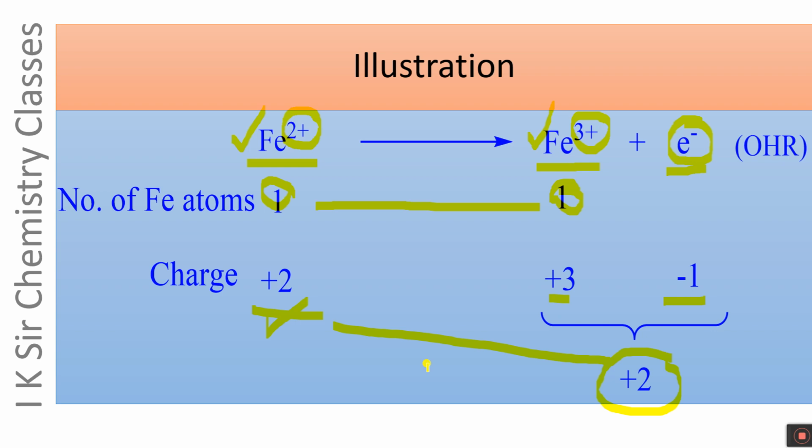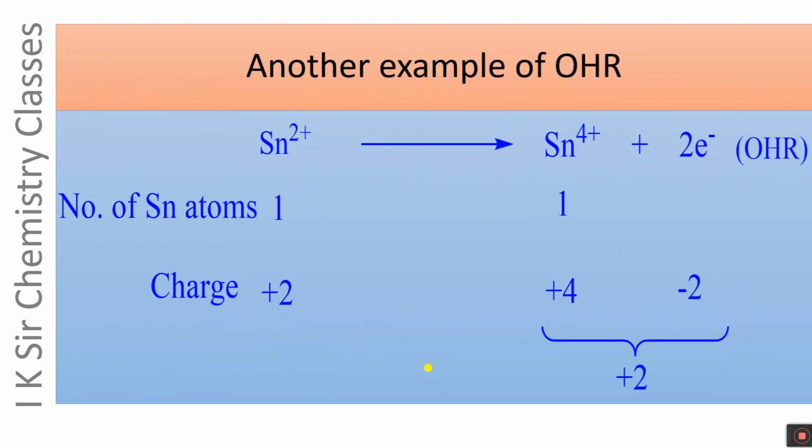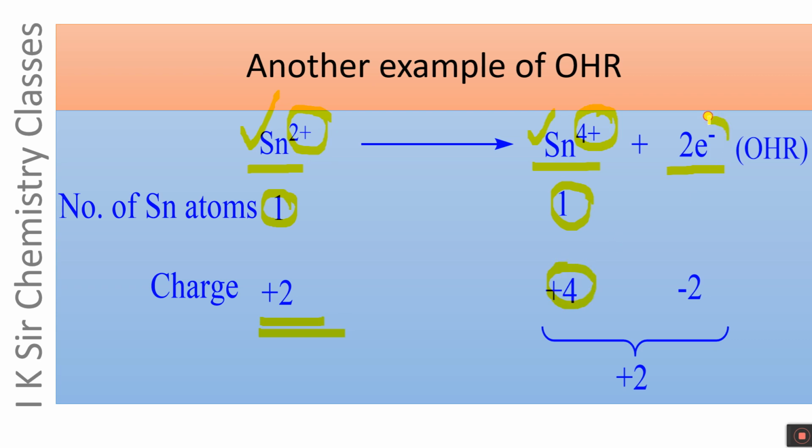Let us see another example of oxidation half reaction. In this reaction, Sn2 plus ion loses 2 electrons forming Sn4 plus ion. The number of Sn atoms on the left hand side is 1 and the number of Sn atoms on the right hand side is also 1. The charge on left hand side is plus 2 and the charge on right hand side is plus 4 and minus 2.